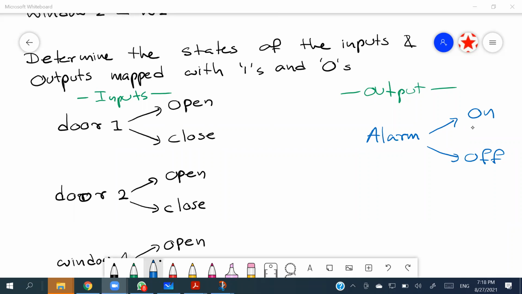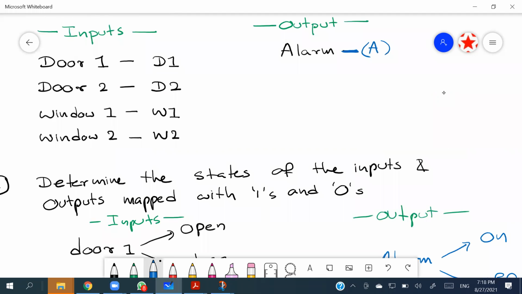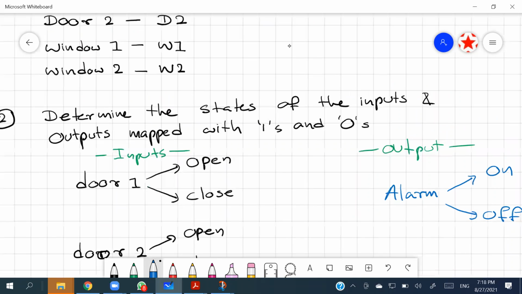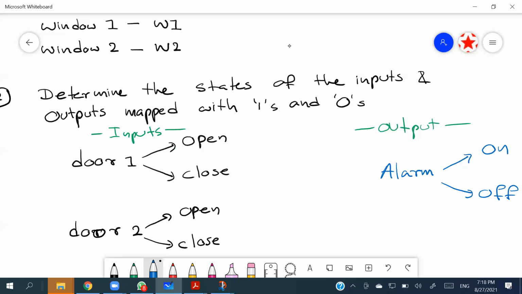Okay, now I'm going to illustrate this using the variables that I took. This D1, D2, W1, W2, and A, those are the variables that I took. When I'm doing that, I'm going to consider the values that the question says.